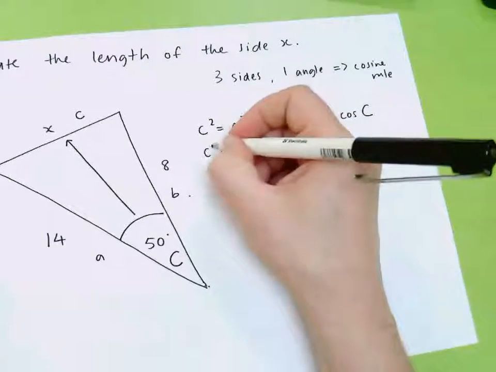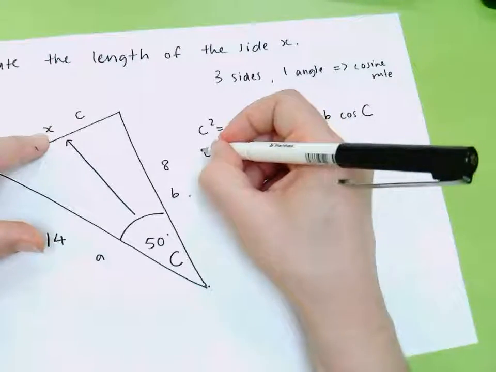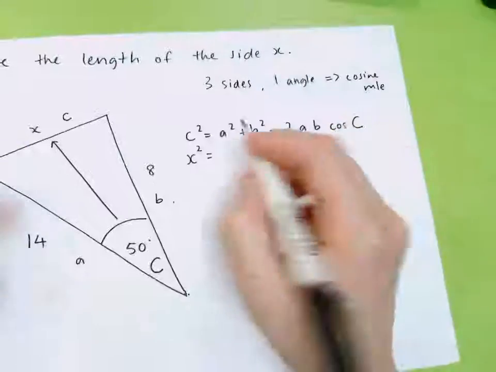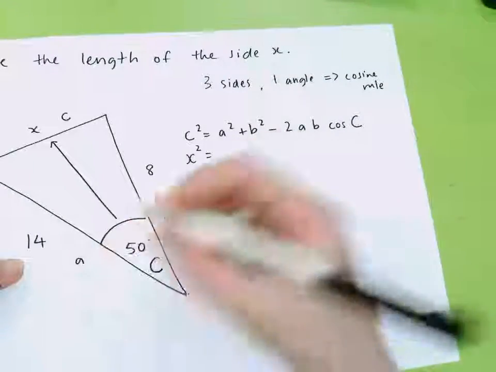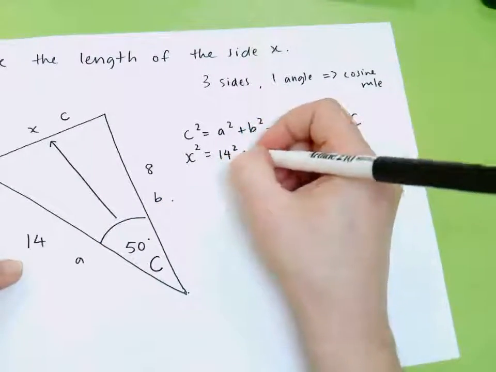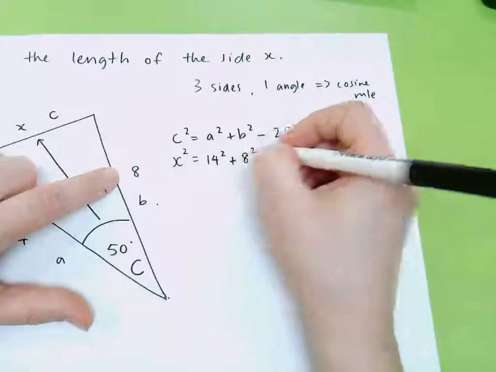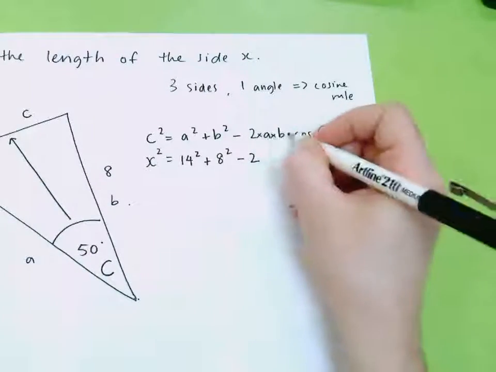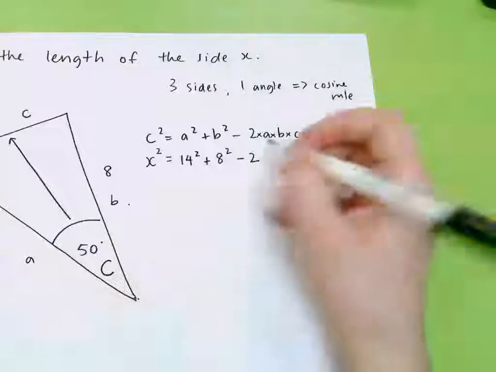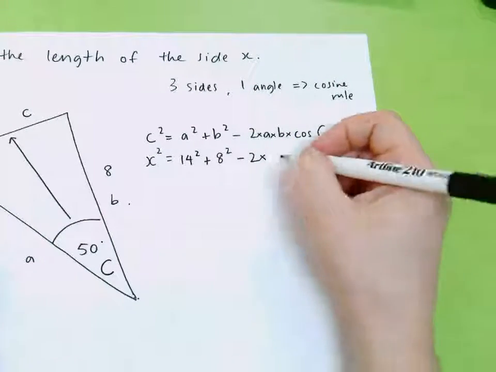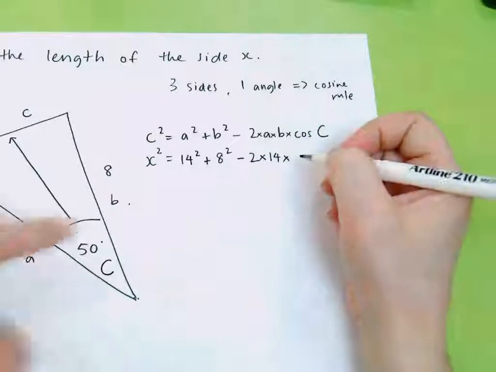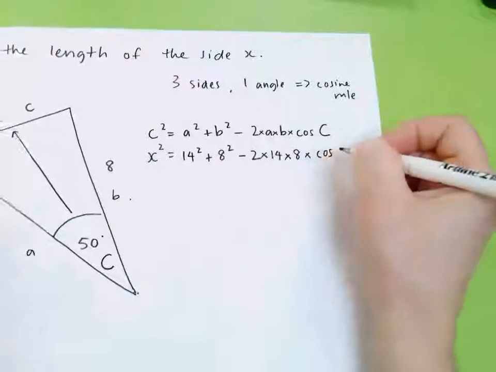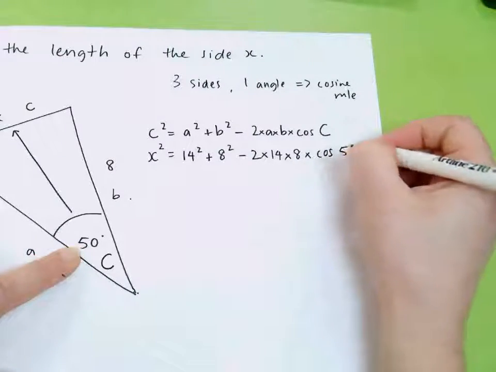So here I've got c squared, well I'm substituting in the x for my c, because that was my unknown. A squared, so my a was 14, my b was 8, minus 2. Now remember here there's little timeses in here even though you can't see them. So this is 2 times a, times b, then times cos of my angle C, which was 50.